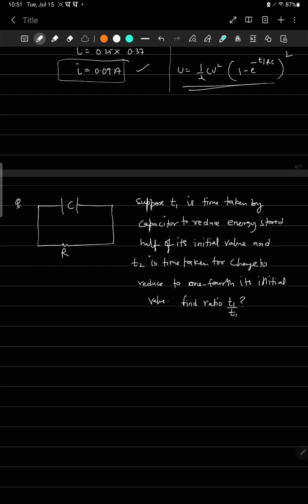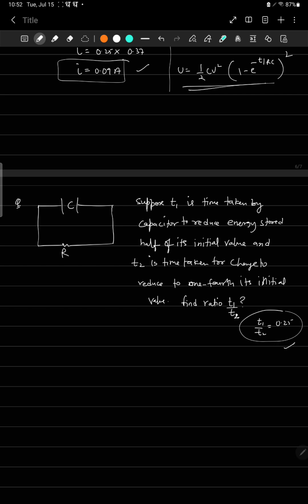So T1 is the time taken by the circuit to reduce the energy stored to half its initial value, and T2 is the time for charge to reduce to 1/4 of its initial charge value. So charge and energy both I have said. Just try to calculate, and give some time to it. That is the homework here, and the answer, if you ask, is T1 by T2 is 0.25, 1 by 4. Okay, let's move to the next.